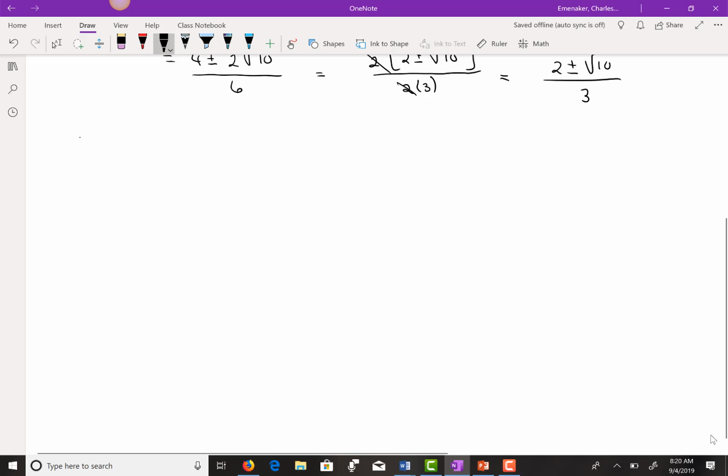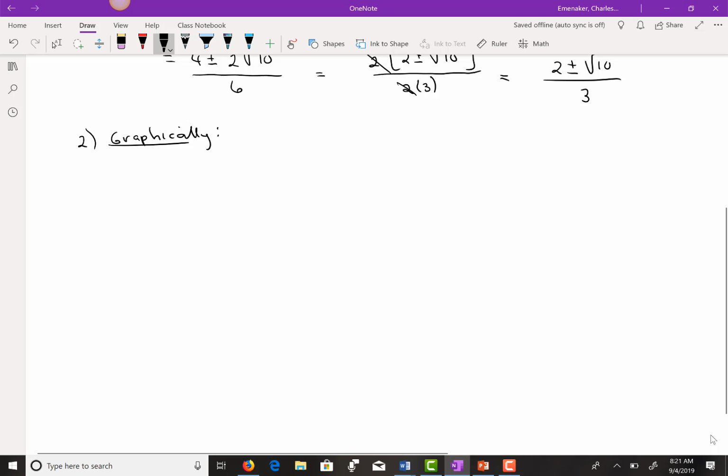The second way to solve this is graphically. So you might be thinking, I don't have a whole lot of time and I really don't trust my quadratic formula skills. The second way to solve this is in your calculator. Does everybody know how to graph that on your calculator? Okay.